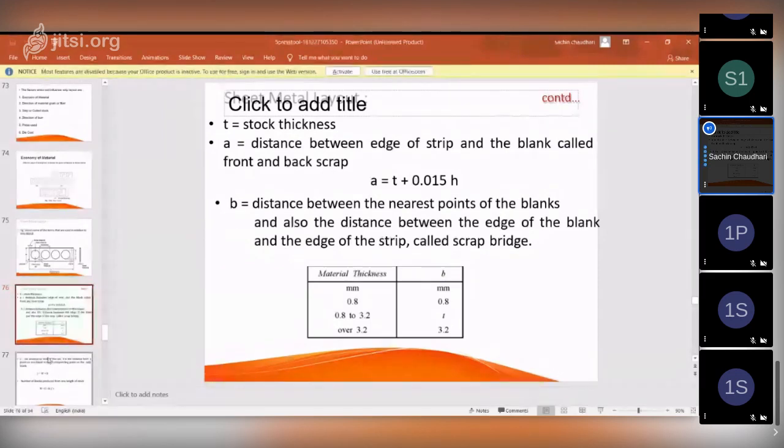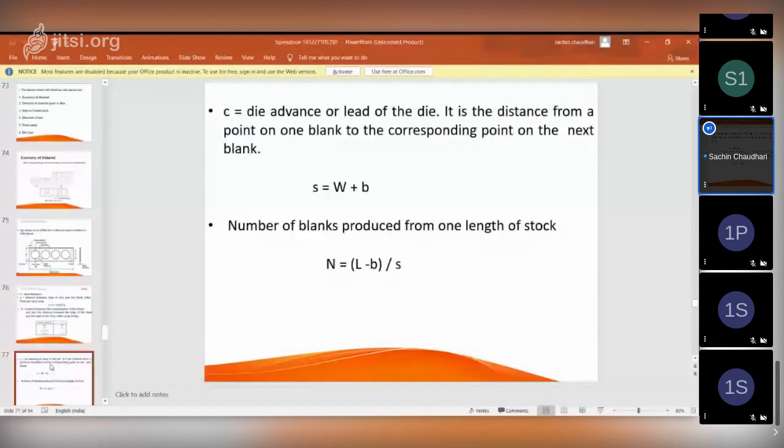Next come to C, which is the die advance or lead of die, also called the feed. It is the distance from a point on one blank to the corresponding point on the next blank, meaning it is feeding the blank, one blank to another blank under the punch.